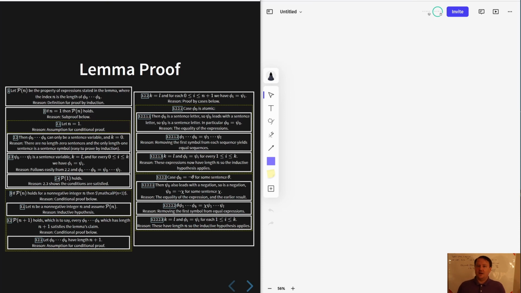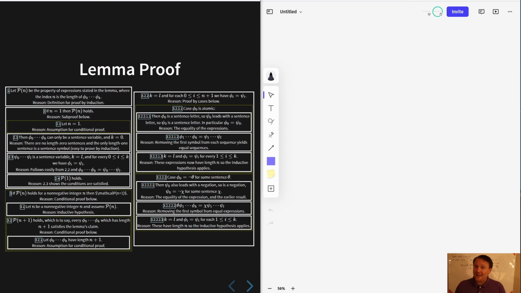And kind of like last time, we can then say, okay, so by the equality of these concatenated sentences, right, the phi 0 and the psi 0 leading with negations, we cut off the negations on each. Those sub-sentences that are left over must still be equal, because we've only dropped equal characters in equal places, so what's left must still be equal.